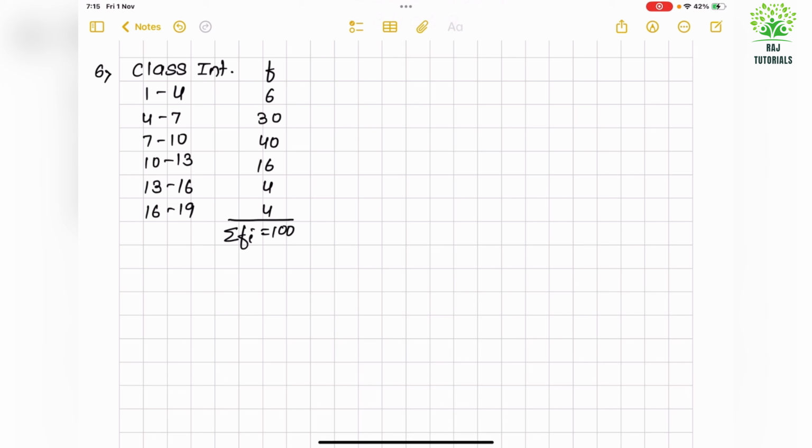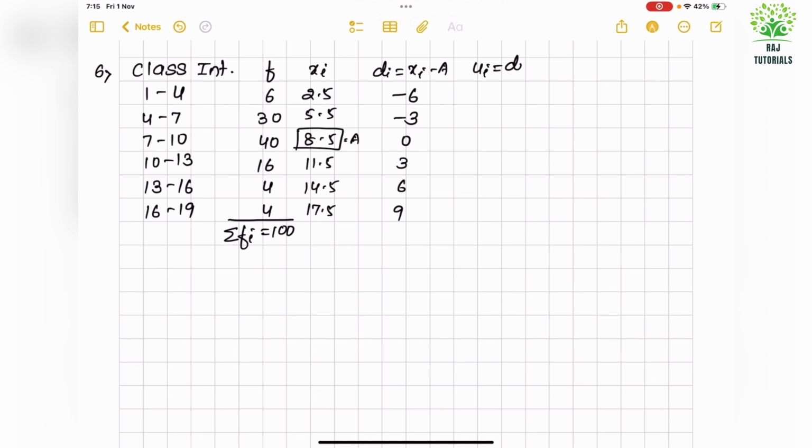Now to find mean, first of all I will need xi. So to get xi, I am adding 1 plus 4, so 5 divided by 2, so 2.5, this will be 5.5, 8.5, 11.5, 14.5 and 17.5. Now 8.5 I am taking as a. So di will be equal to xi minus a. So minus 6, minus 3, 0, 3, 6 and 9.